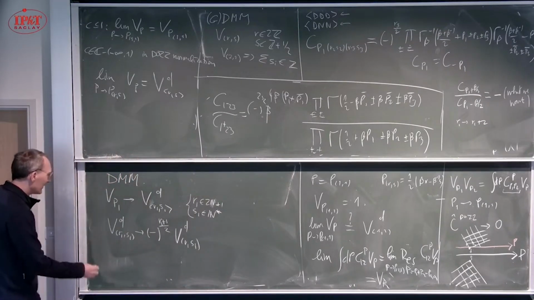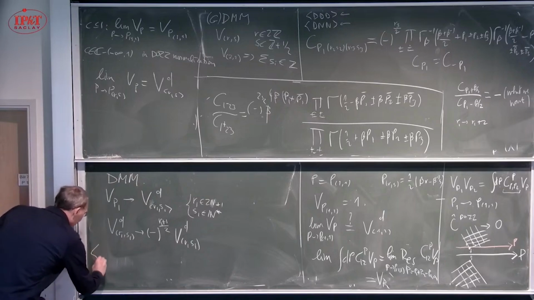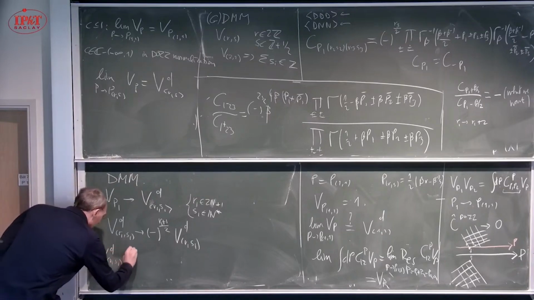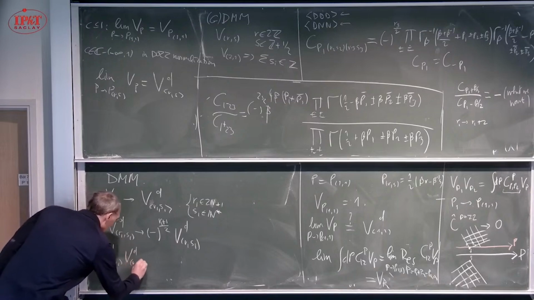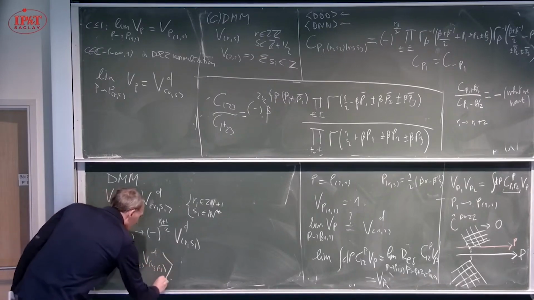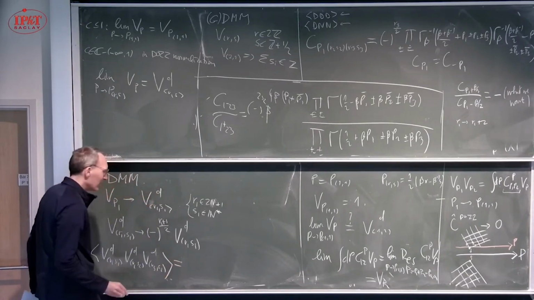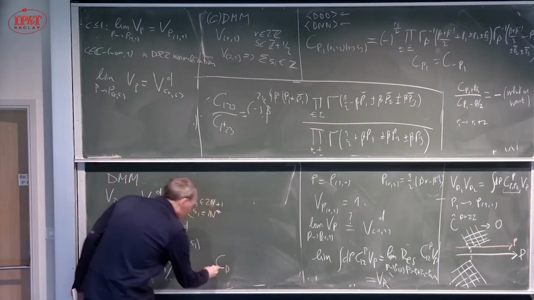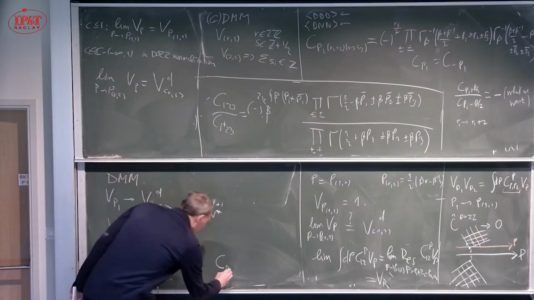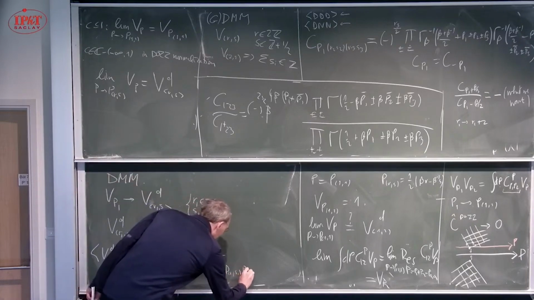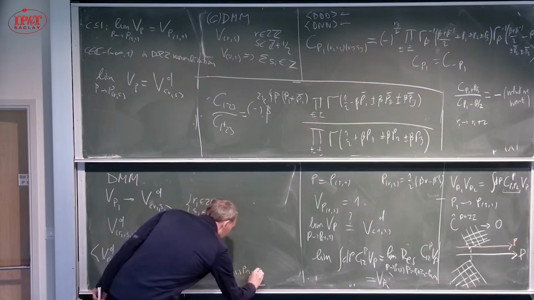Indeed, what happens now is if I consider a 3-point function of diagonal degenerate fields, we already solved that. We know this should give us the same C as in Liouville theory applied to these degenerate values, C(P_{R1,S1}, P_{R2,S2}, P_{R3,S3}).